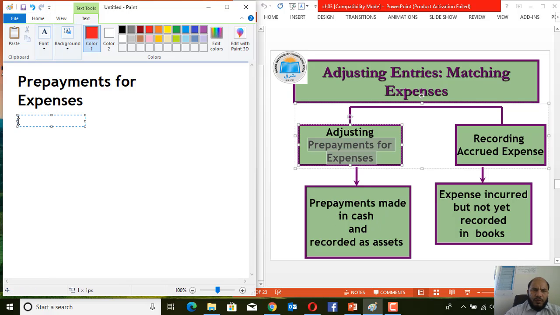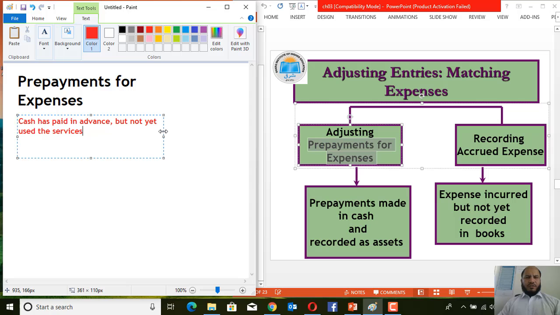Here we have already provided cash. Cash has paid in advance, okay, but not yet used the services. We have paid cash in advance but not yet used the services that the service provider will provide us.